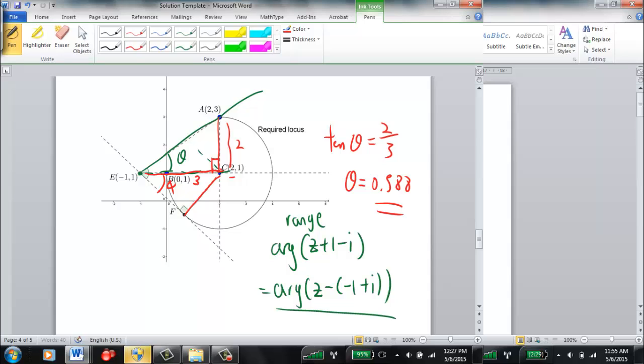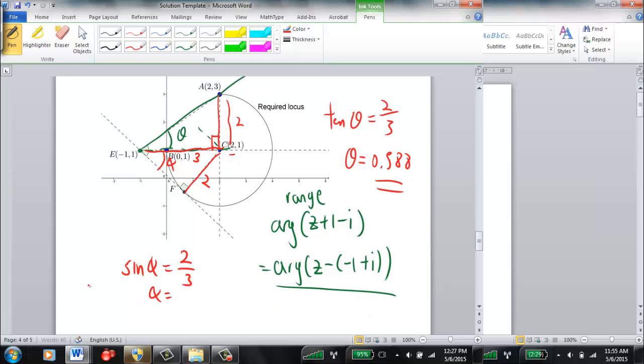What's the radius of the circle? 2, right? Okay. So, sine alpha is opposite over hypotenuse, and therefore alpha is equal to 0.730.